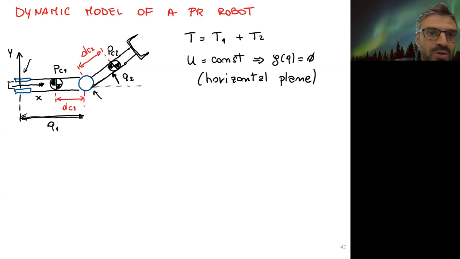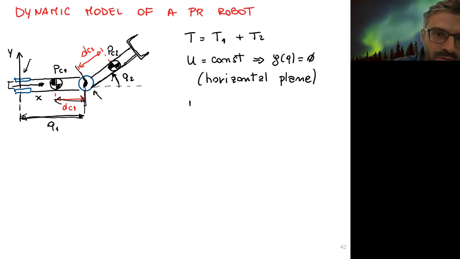Then we have a rotational joint that is moving around this axis here. And the position of the center of mass we could define about this point, but we define it about this point, it doesn't matter. It's just a constant position with respect to the link. And the other center of mass is again referred to this point as a fixed position DC2.